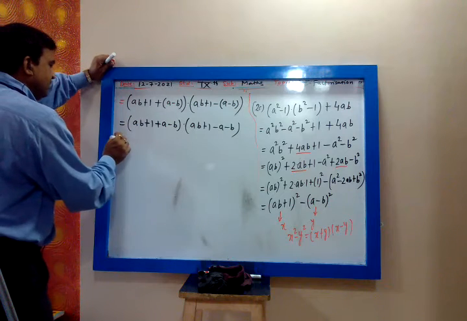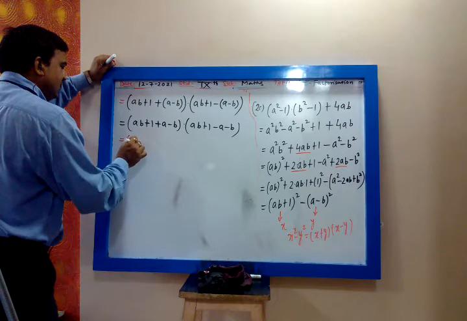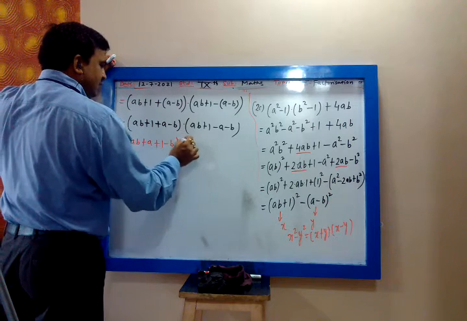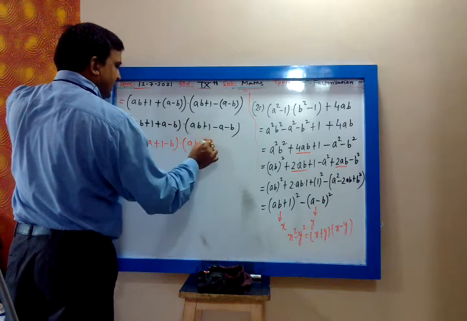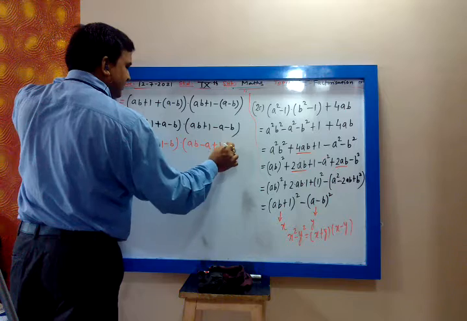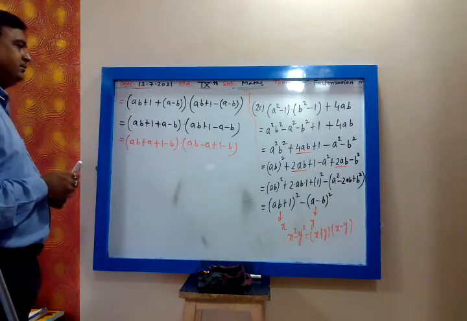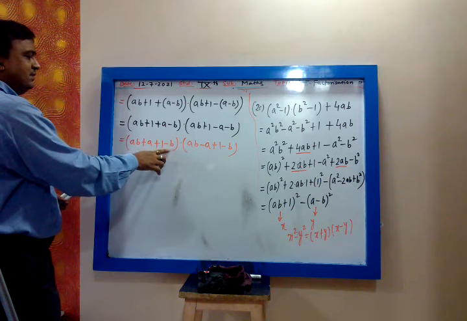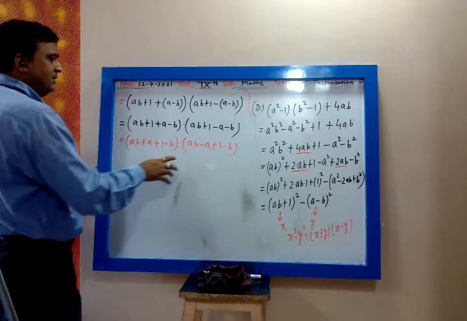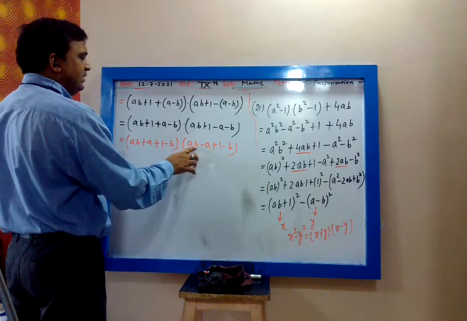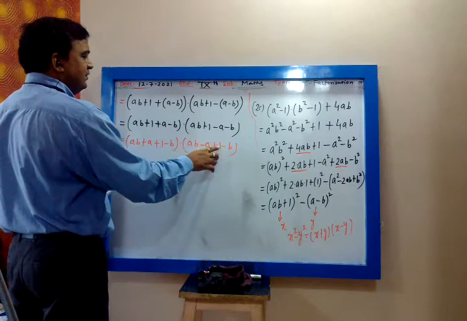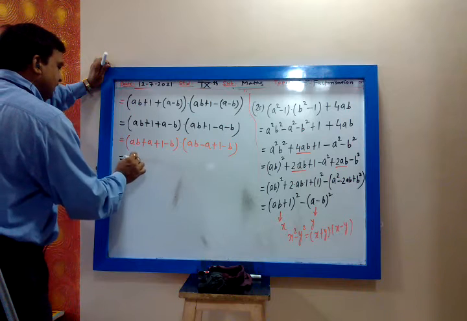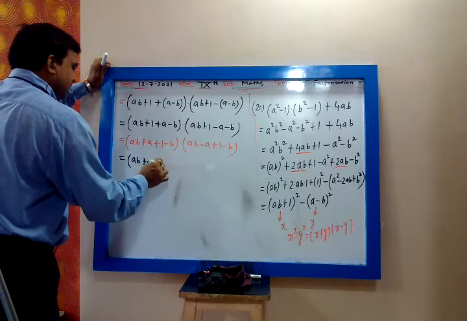Let us take ab and b together: ab plus b plus 1 minus b... for ab it will be b plus 1, and the other is 1 minus b, so this is not possible. Taking ab and a together, it is b minus 1, and it is 1 minus b. So this is ab plus a plus 1 minus b.